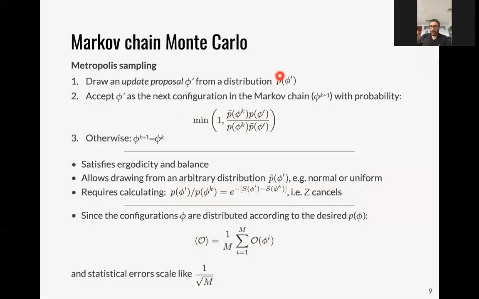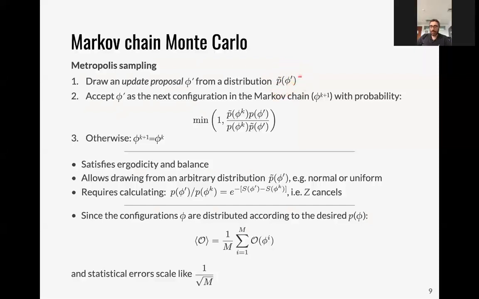You can see from this Metropolis step that if P tilde of phi prime approaches P, then this ratio becomes 1, and all the configurations that you propose will be accepted. That's intuitively correct: if you know how to draw from the real distribution, then the Metropolis step will accept every proposal.